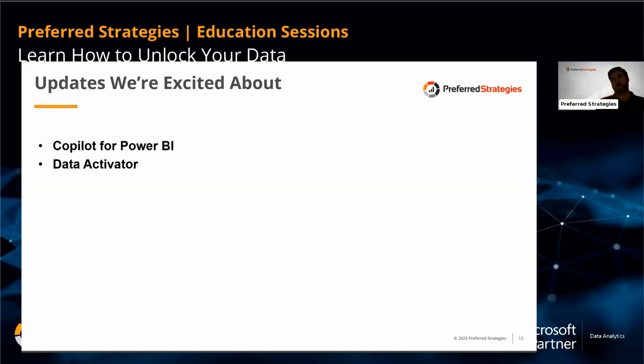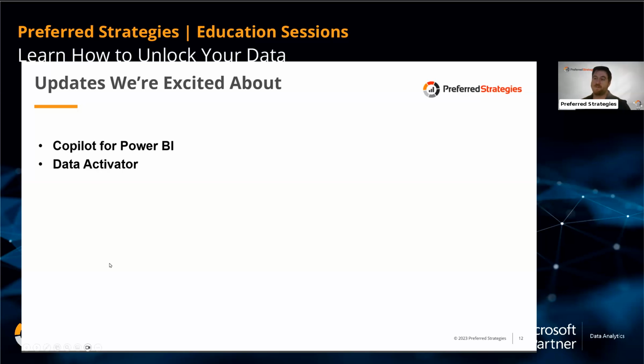And that's this AI assistant that Microsoft is integrating throughout the Fabric and Power BI ecosystem. You saw a glimpse of that in action with the auto create a report demo that I showed you. But there's a lot of other different applications for this AI that I'm excited about. So hopefully I can show you some of that next time.